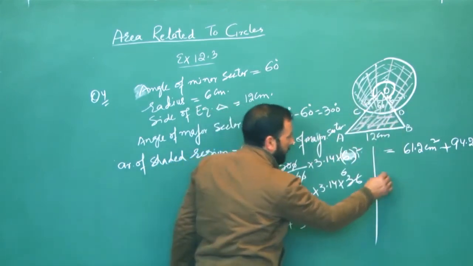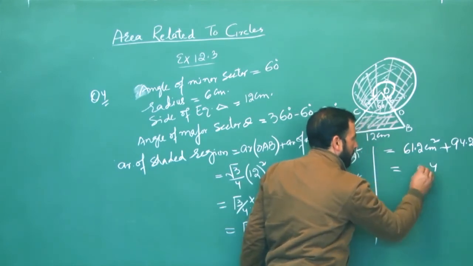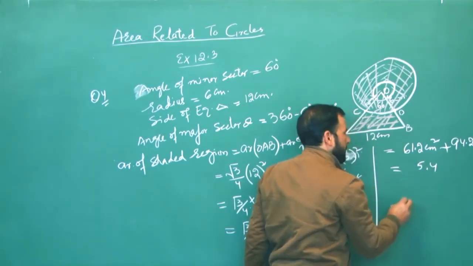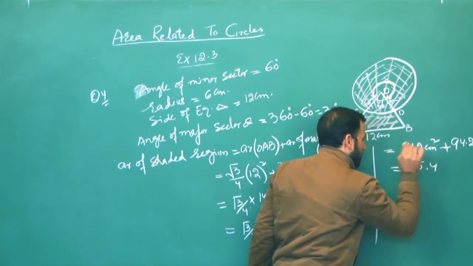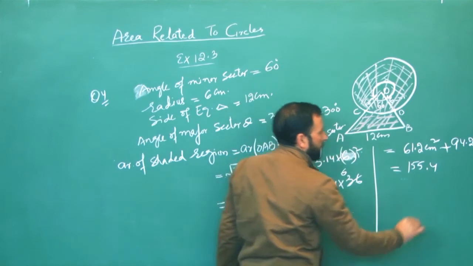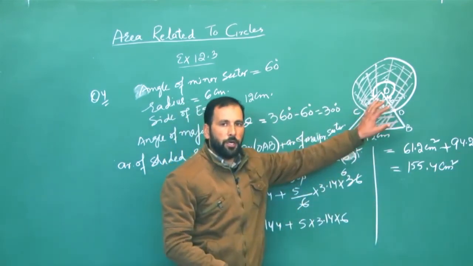So the area of the design is equal to 61.2 plus 94.2, which gives 155.4 square centimeter, the area of the shaded region.